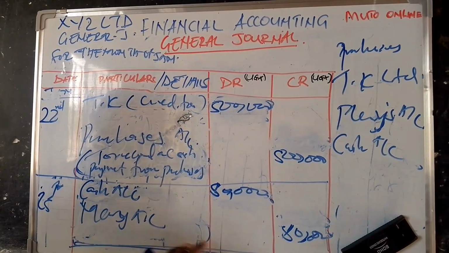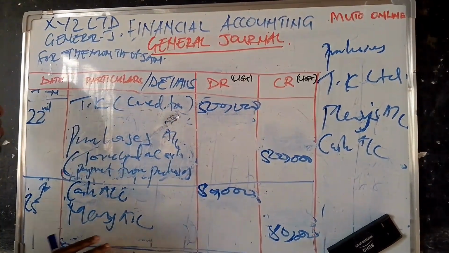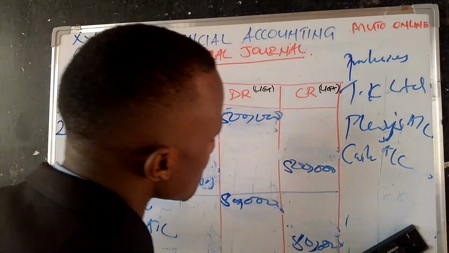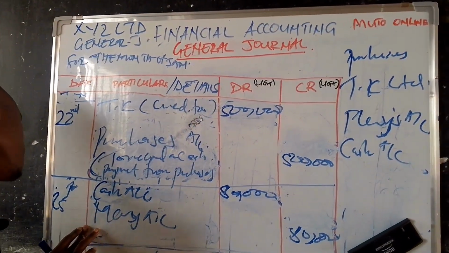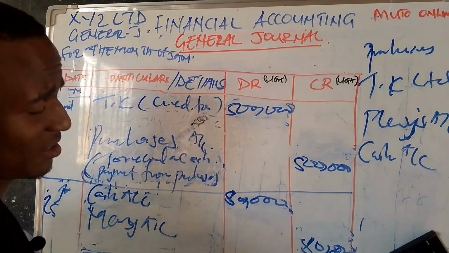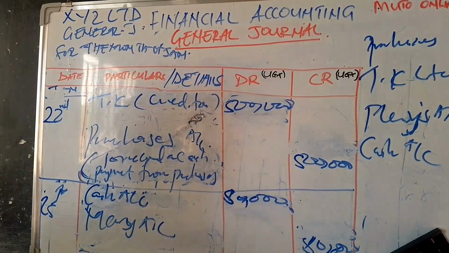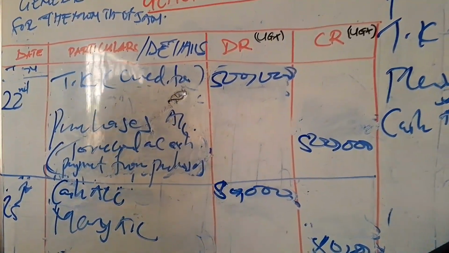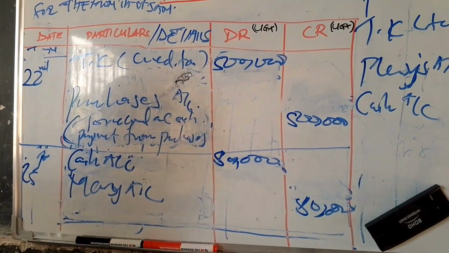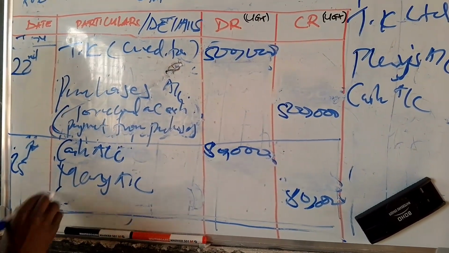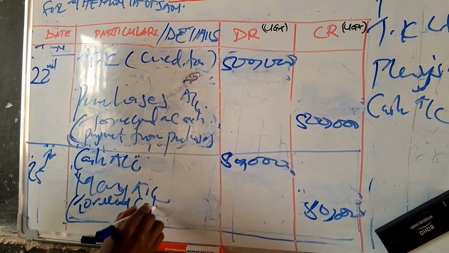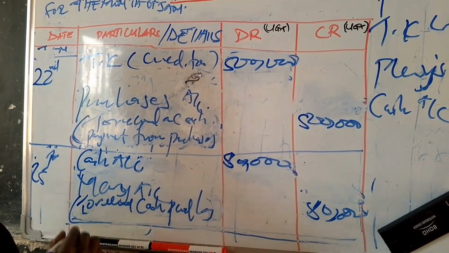Remember the specific feature that a general journal has over the other elements of financial books: it has a specific reason as to why you are creating those accounts. And here we could say to record the cash paid by Mary. Someone may say being cash paid by Mary, but for me, I've taken to record cash paid by Mary.